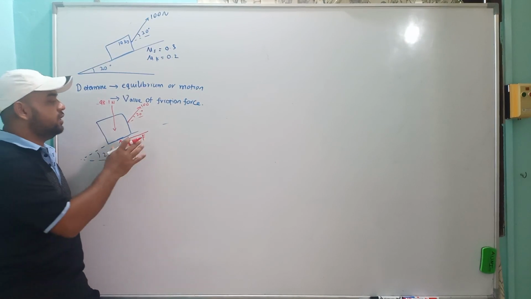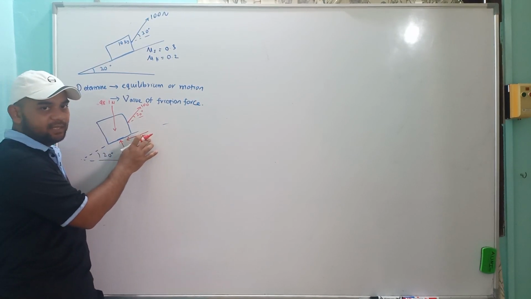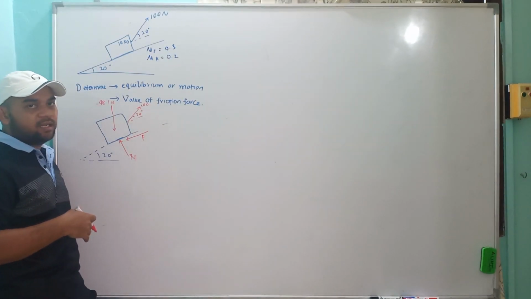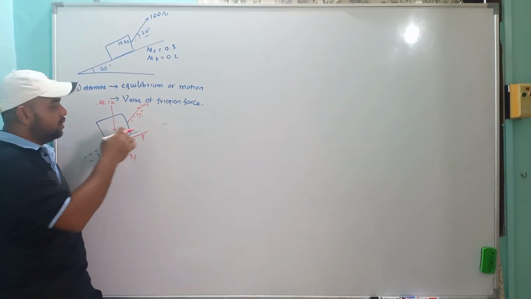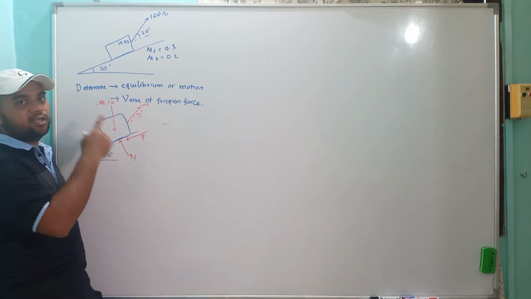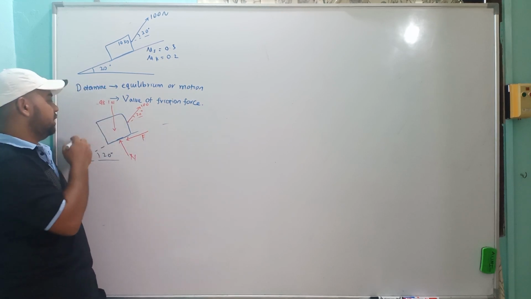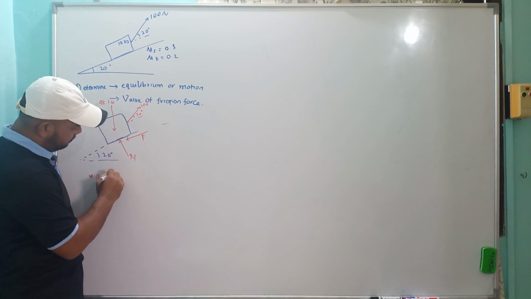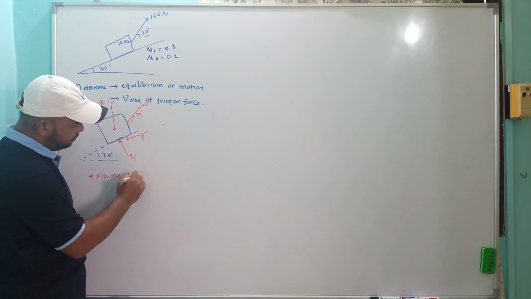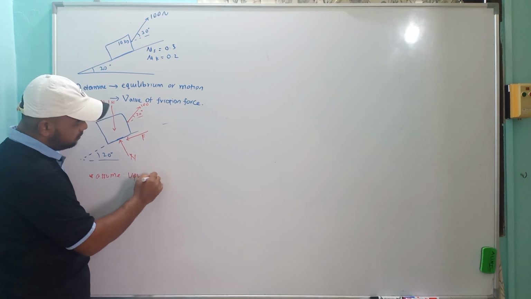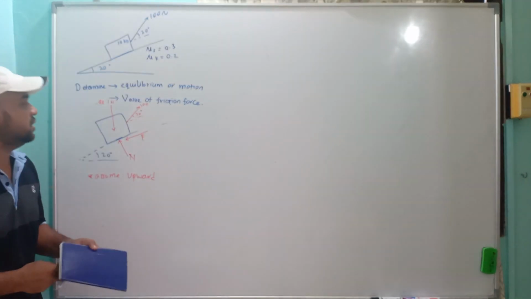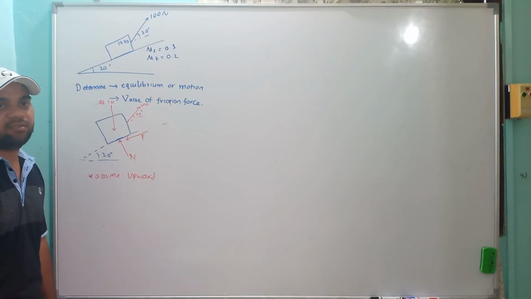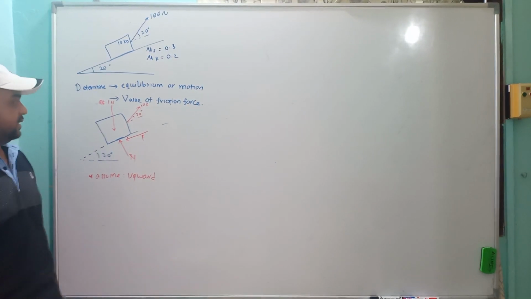If at the end you get F in the opposite direction, a negative value, it means your movement is going downward. So here we assume it is going to be moving upward. First assumption, we assume the component moves upward, and then for easier calculation, we need to determine the axes.